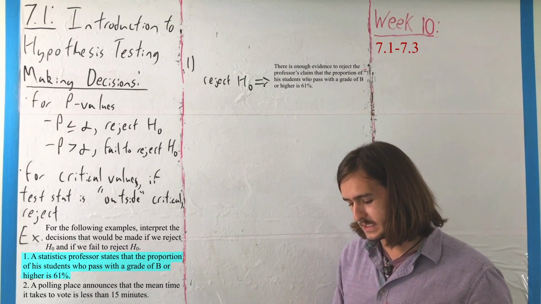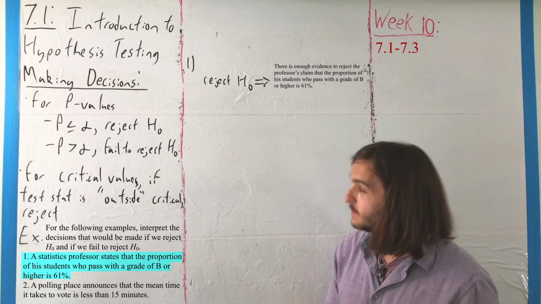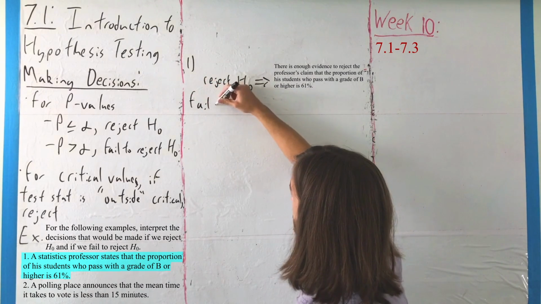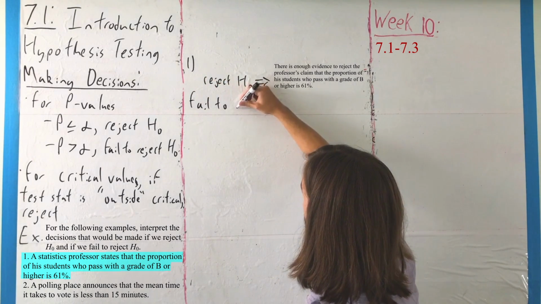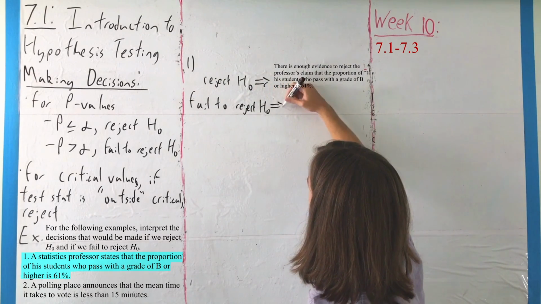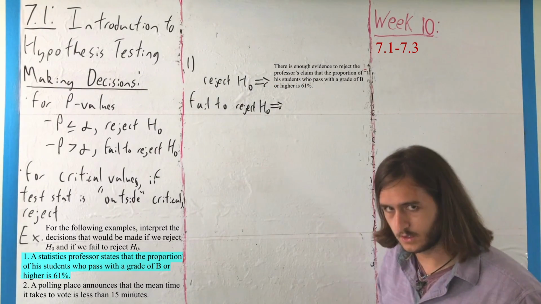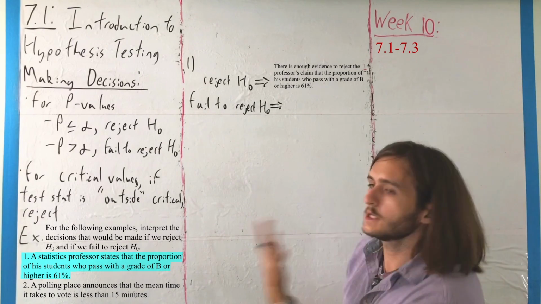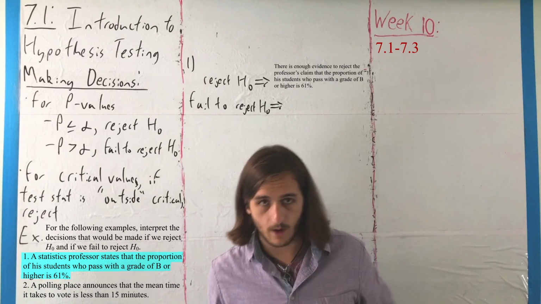If we instead were to fail to reject, which is essentially the other possibility. Remember, we're always either rejecting or failing to reject the null hypothesis. That's always what our decision is, one of those two options.